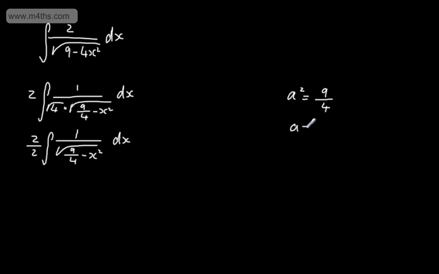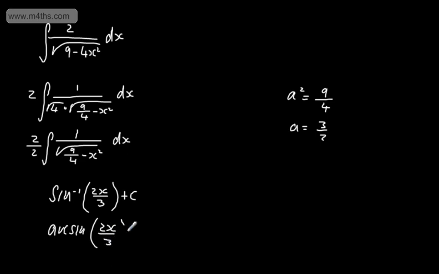Therefore, a is going to be equal to 3 over 2. So we could now write this as the inverse sine of x over 3 over 2, which would give us 2x over 3 plus now a constant of integration. Or if you like, arcsine of 2x over 3 plus c.